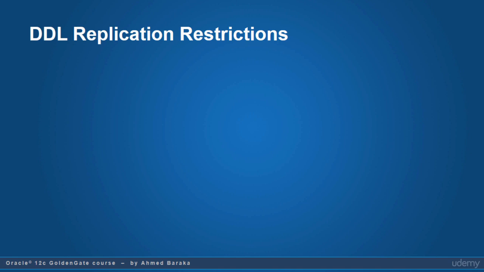Also, there are a lot of options that can be configured in GoldenGate when you work with DDL replication. I am listing here the basic restrictions that are applicable when you configure DDL replication in Oracle GoldenGate.